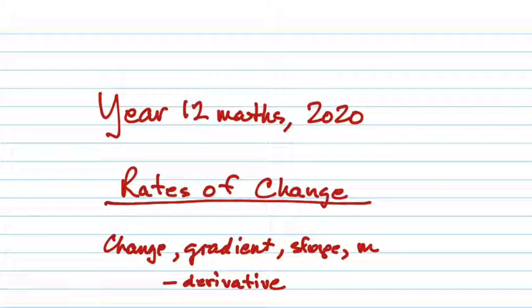Also, there are going to be some units here because we're going to be talking about applications using real things. So you will have some units that you need to be aware of for these applications of rates of change. Rates of change, we're just talking about how fast something changes given a certain set of circumstances.